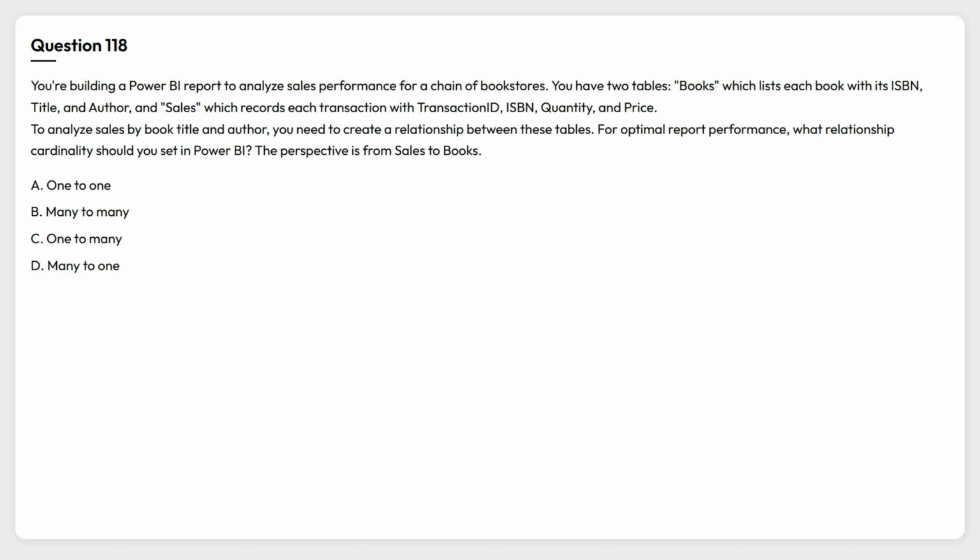To analyze sales by book title and author, you need to create a relationship between these tables. For optimal report performance, what relationship cardinality should you set in Power BI? The perspective is from Sales to Books.